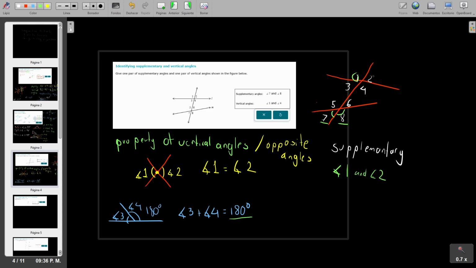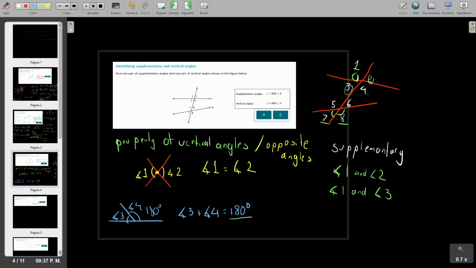As you can see, these are consecutive, they're the same. We can also put angle 1 and angle number 3 because they are consecutive, divided by a line.